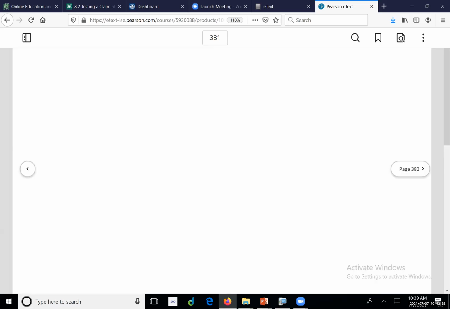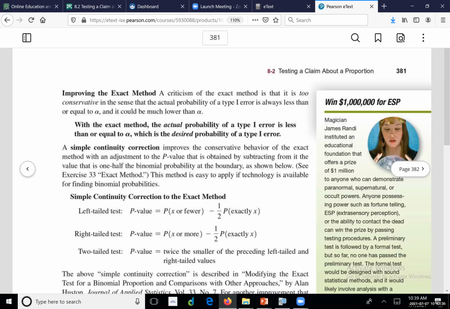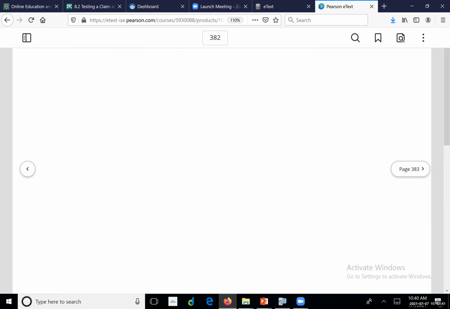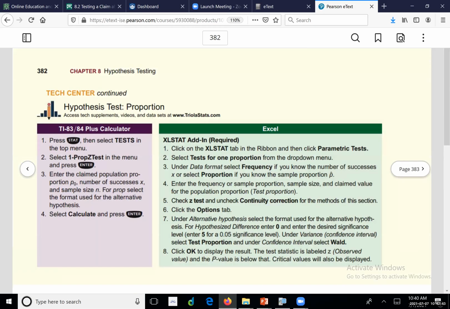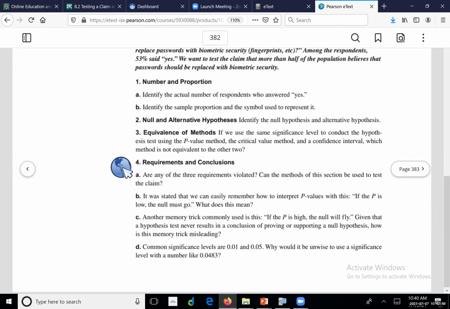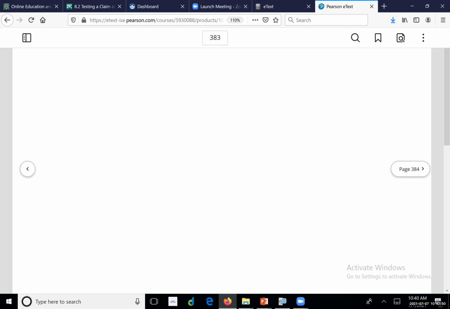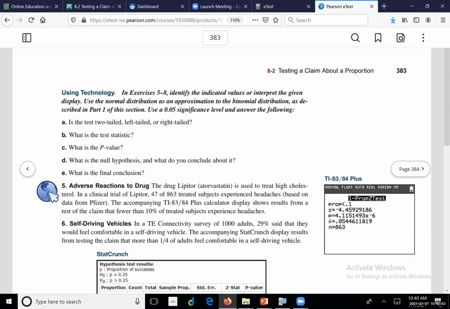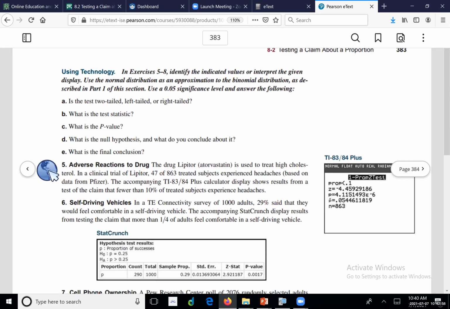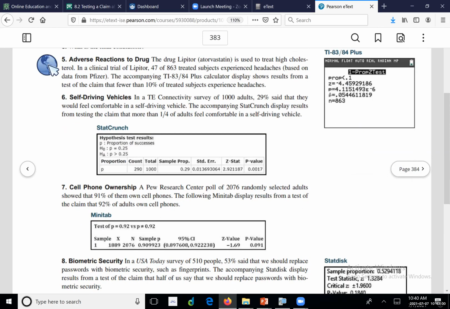If you were finding the p-value here, you could find it, but again, it's not valid when you do not have a correct requirement. So then you would say the requirement is not met. So now let's just do some problems.